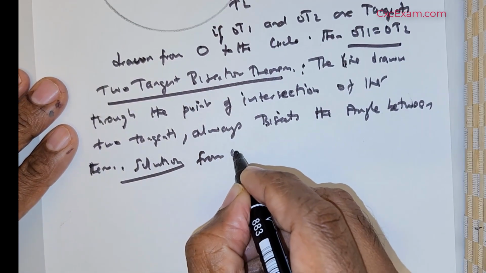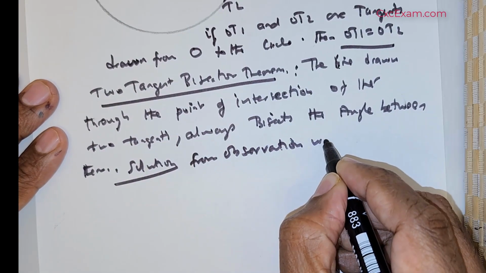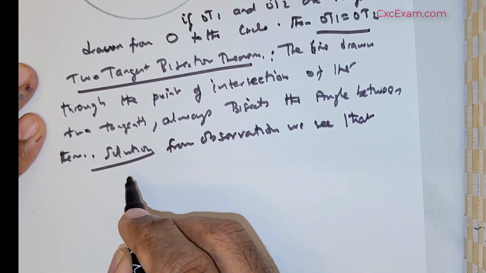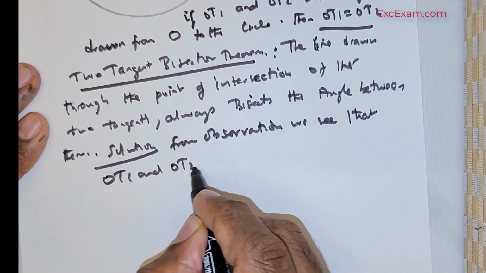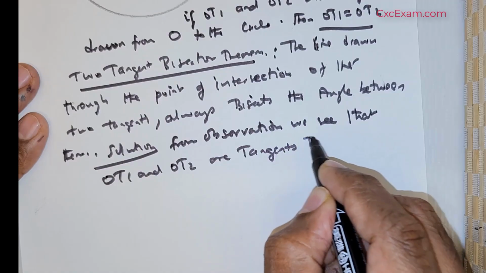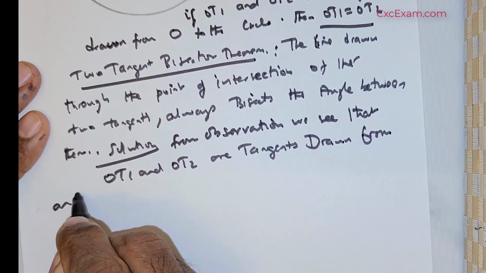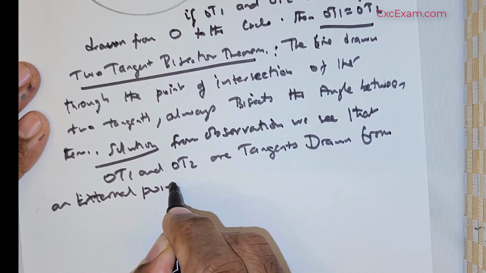Now from observation, we see that OT1 and OT2 are tangents drawn from an external point.